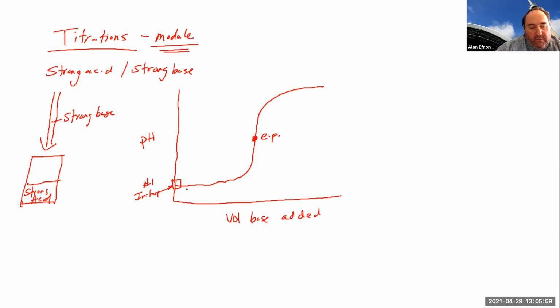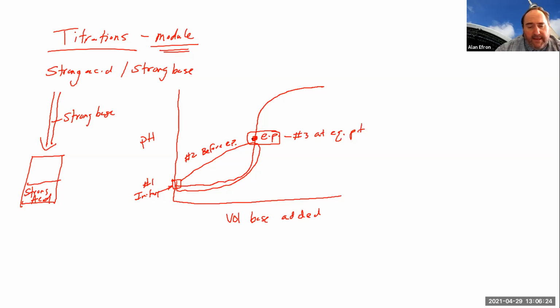Then there's when you start adding, before you get to the equivalence point, the number 2 spot. Then obviously the 3rd spot, which is a really important spot, is the equivalence point, right?